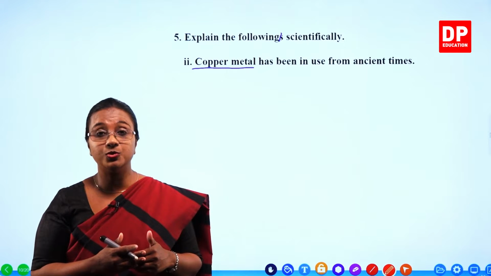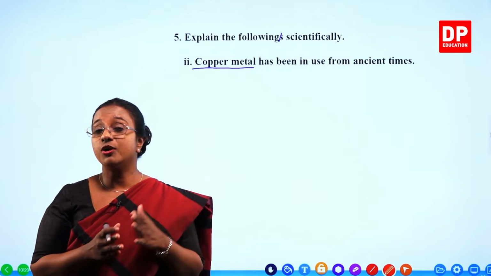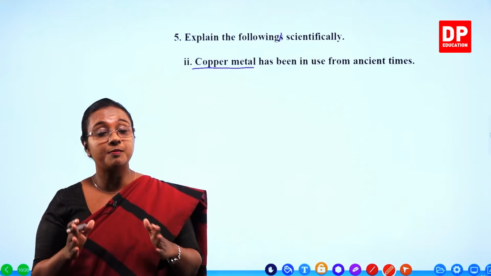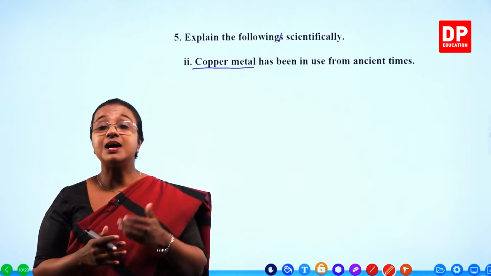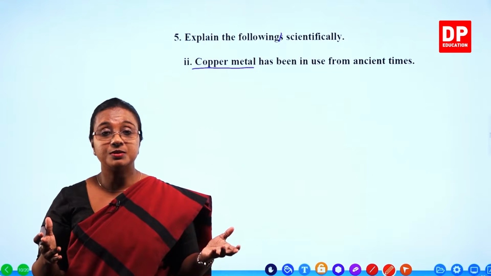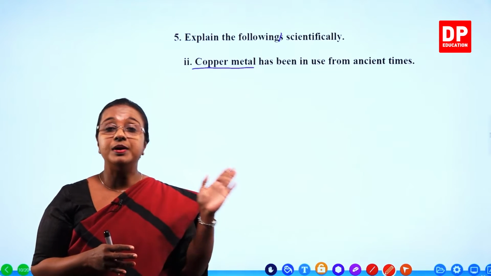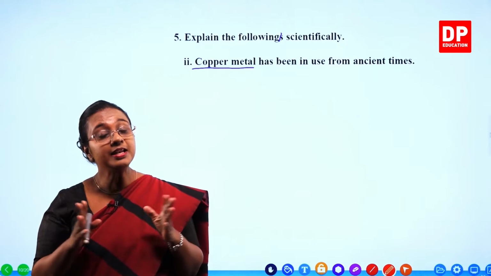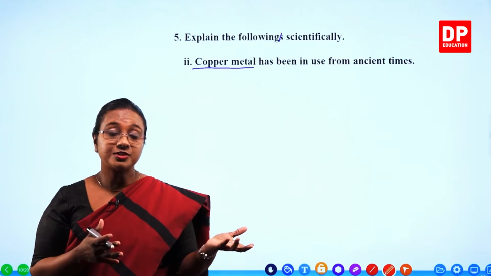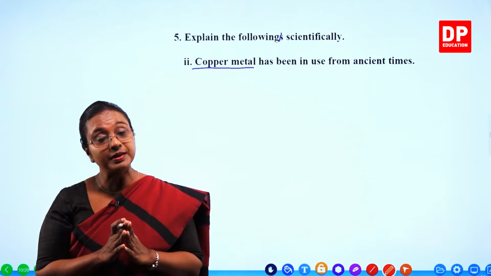You are familiar with those terms. Reducing agent or a reductant is used to separate the copper metal from its ore. Like the blast furnace method used for extraction of iron, we can use a method to extract copper from its ore. That is also a somewhat easy method. Like extraction of iron, you can extract copper easily.